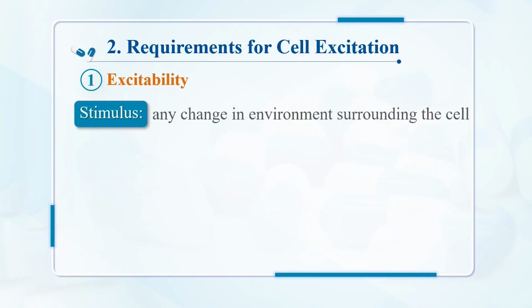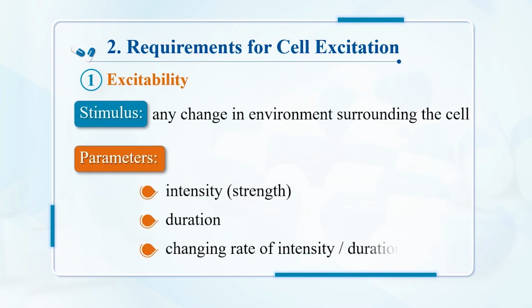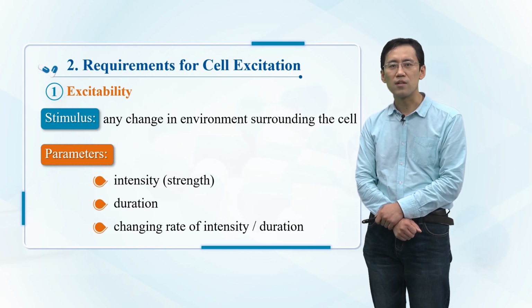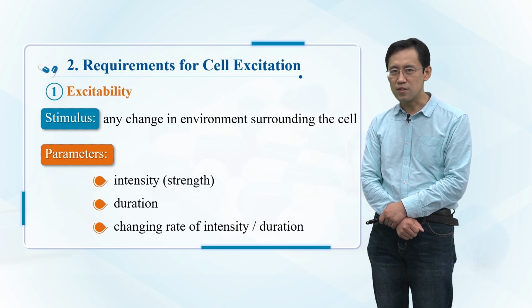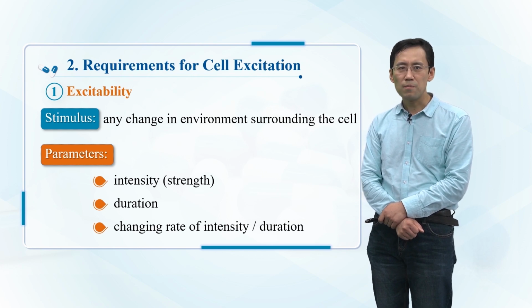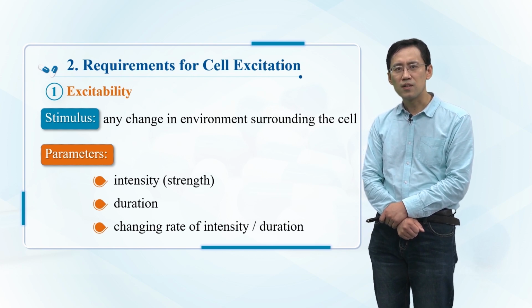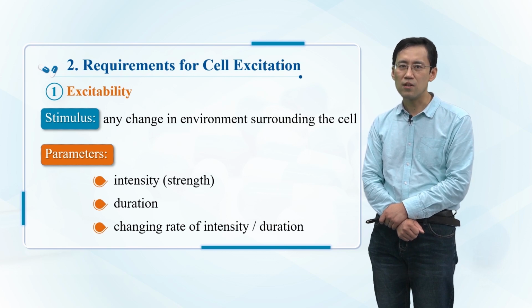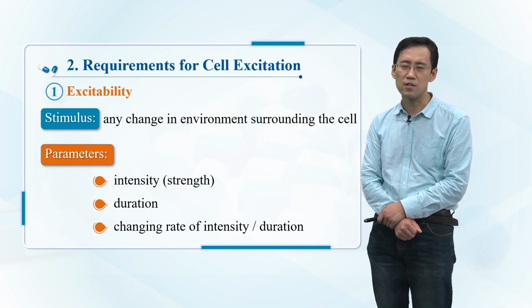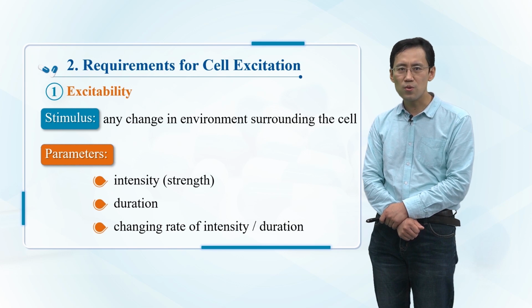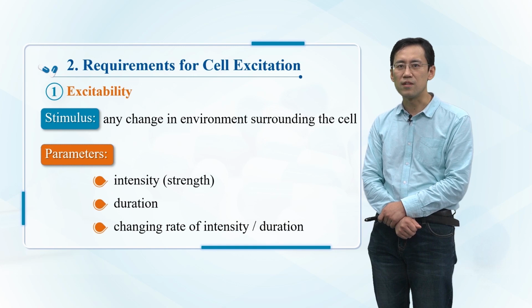The requirements for cell excitation include excitability and the stimulus. Any change in the environment surrounding the cells can form a stimulus. The parameters include the intensity, also called the strength of the stimulus, the duration of the stimulus, and the changing rate of intensity.